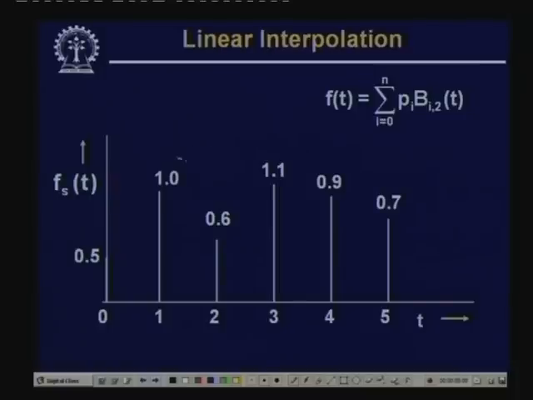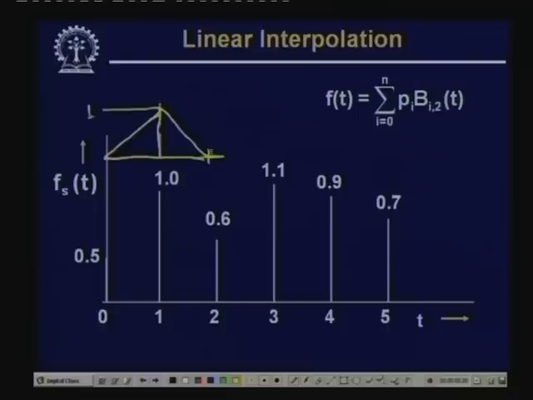So, if I plot b_02(t), it is a function like this, which increases linearly between 0 and 1. At 1, this reaches a value 1, and then from t equal to 1 to t equal to 2, the value of b_02(t) decreases linearly and becomes 0 at t equal to 2.